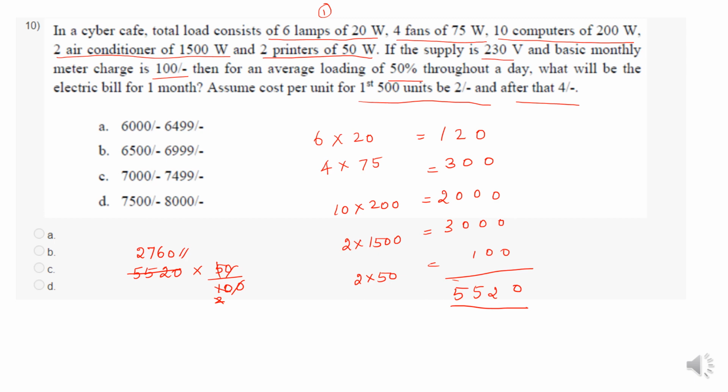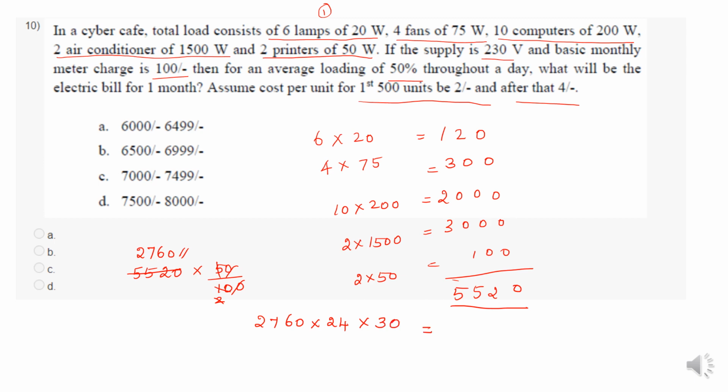What will be the electric bill for 1 month? They have asked for the 1 month electric bill. So 2760 in a day of 24 hours, and the total days in a month is 30.